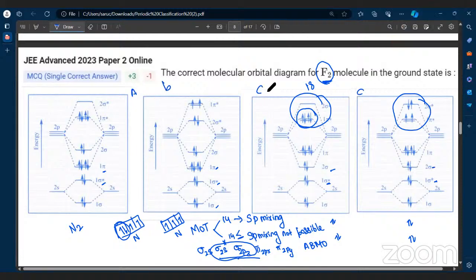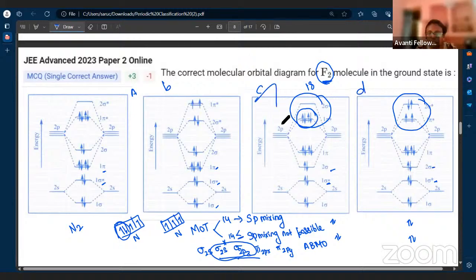So this is going to be right. Clear? So if it is less than 14, then sp mixing is possible, so after sigma 2s star, you'll have pi 2px, pi 2py. Clear with this question, everyone? Okay. Now moving to the next question.